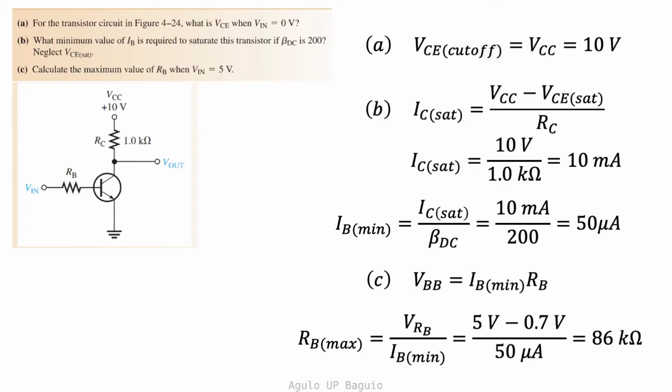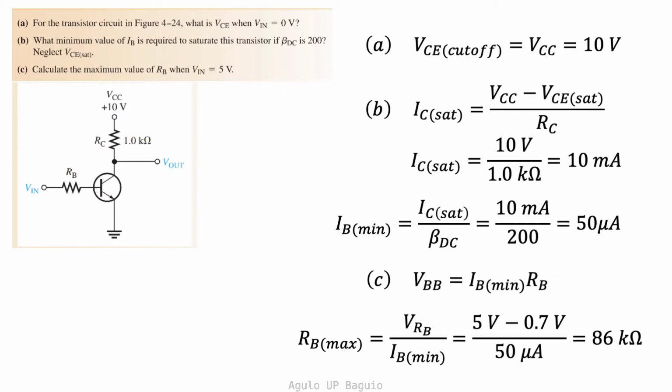Calculate the maximum value of the base resistor when Vin equals 5 volts. If Vin is equal to 5 volts, then the voltage across RB is equal to 5 volts minus 0.7 volts. Now the base resistance is equal to the voltage across the base resistor divided by the minimum base current.